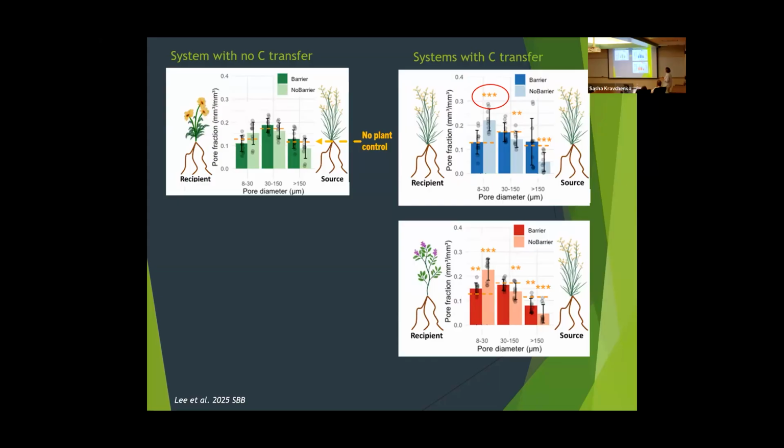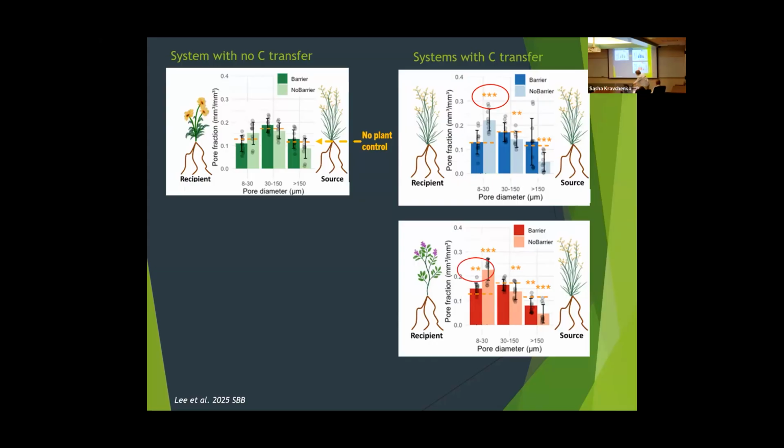In the switchgrass system, there was some carbon transfer, and there were changes in the pore system. Specifically, what we see is the increase in proportion of these very small pores and decrease in larger pores, but that only happened when there was the possibility of direct root contact, so it was probably largely root driven.